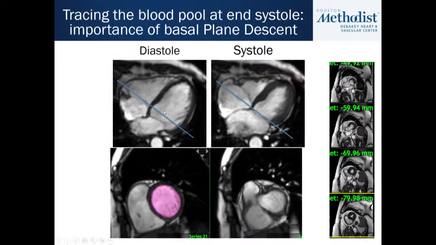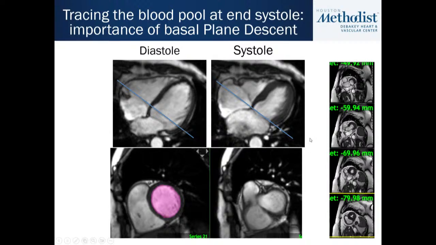One thing to keep in mind when you trace these is your heart is moving up and down by usually about 10 millimeters. So when you trace end-diastole, that same plane that you created at the end of systole will be higher up within the LV relative to this. So here, there's going to be spots that show up as the LV, but then during end systole, part of it may be all the way.